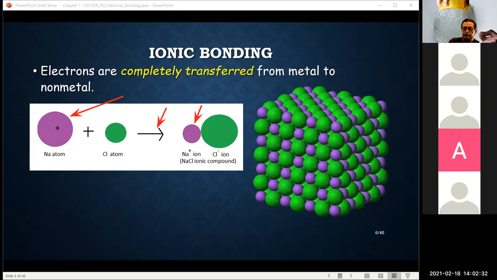It is an atom, it's going to lose electrons, and look what happens to its radius. We can see here that when we compare the radius here versus here, the radius of the atom greatly decreased. Again, because the sodium atom is a metal and it lost that 1 valence electron.